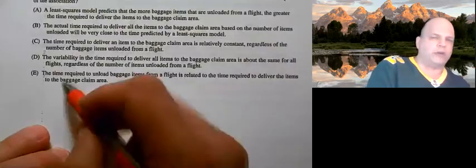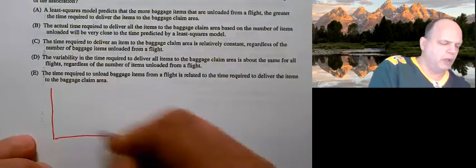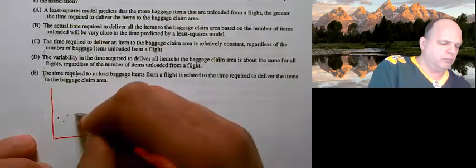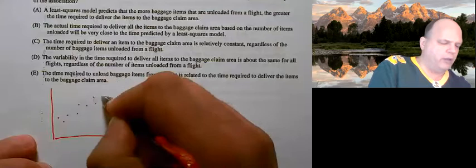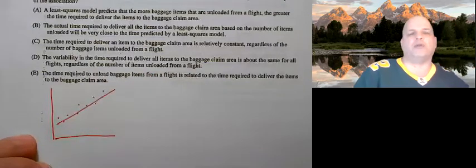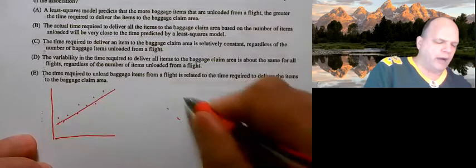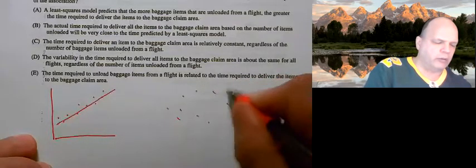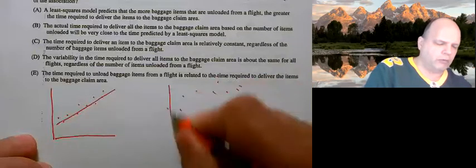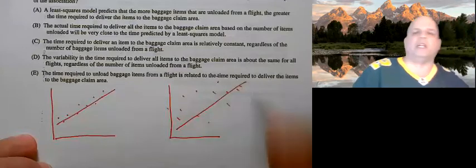Well, first off, I'm going to draw a couple little graphs here. If I have a graph like this, that is a pretty strong, upward sloping, positive. Whereas I could have a graph like this, and yeah, that's still sloping up, but it's weak.